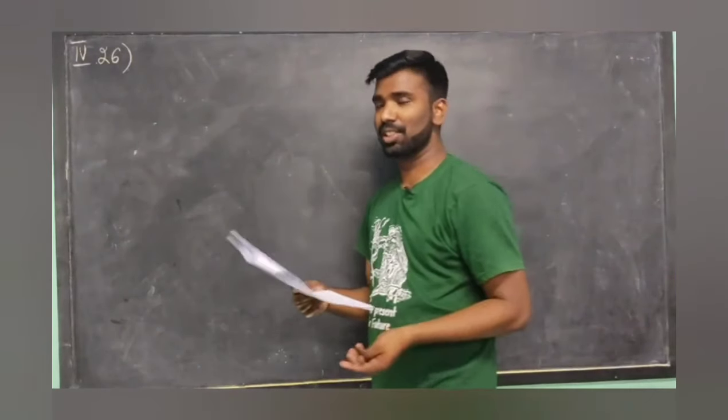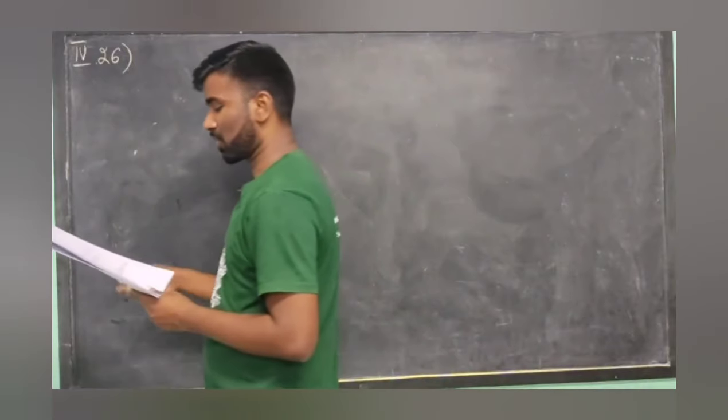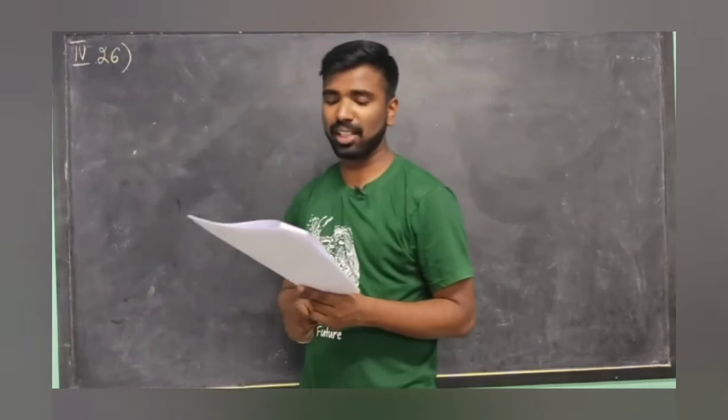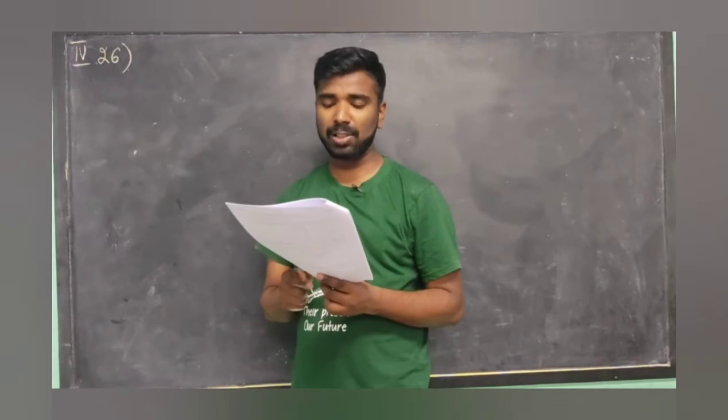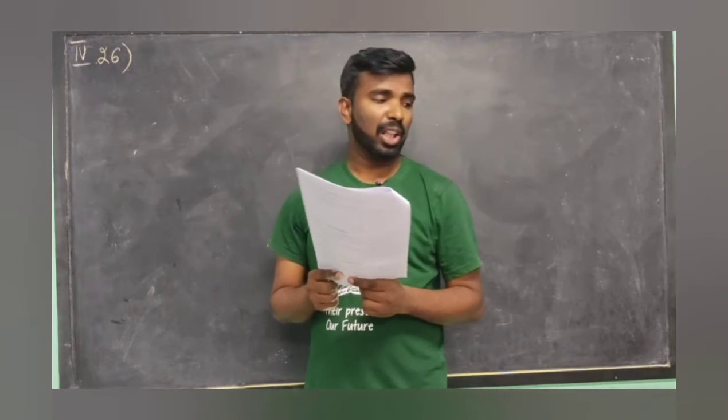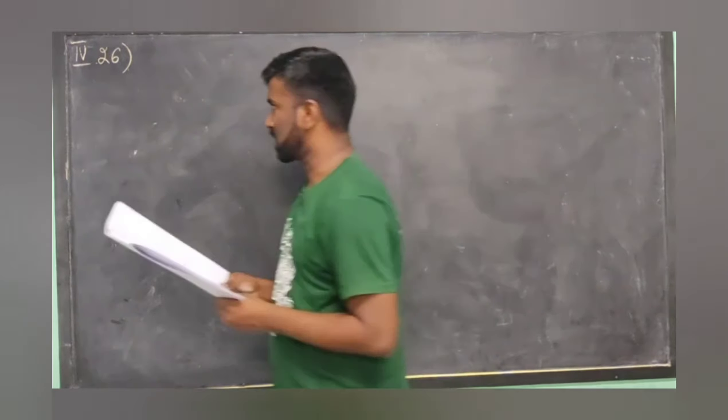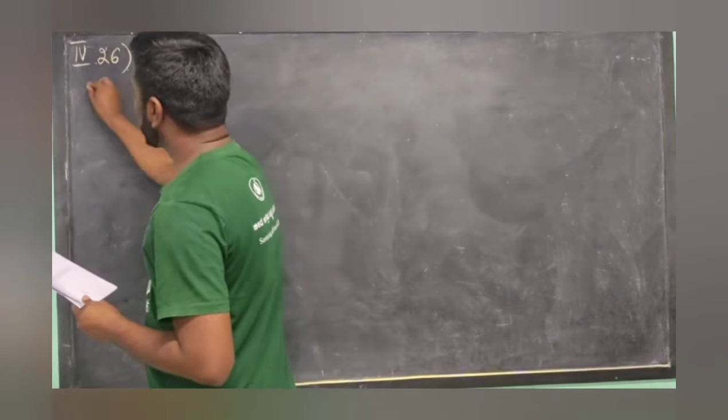From the unit Trigonometry, the first question: prove that sin theta divided by 1 minus cot theta plus cos theta divided by 1 minus tan theta equals sin theta plus cos theta. Now consider LHS. What is LHS here?